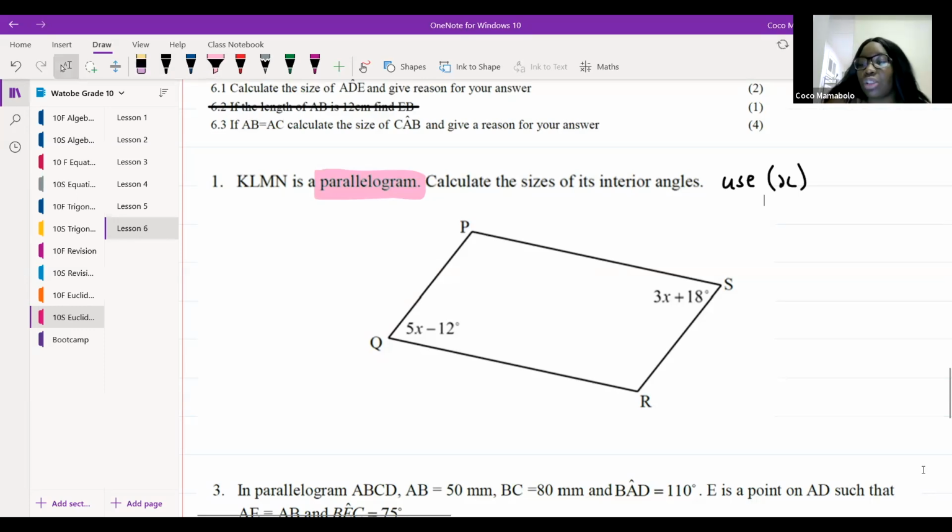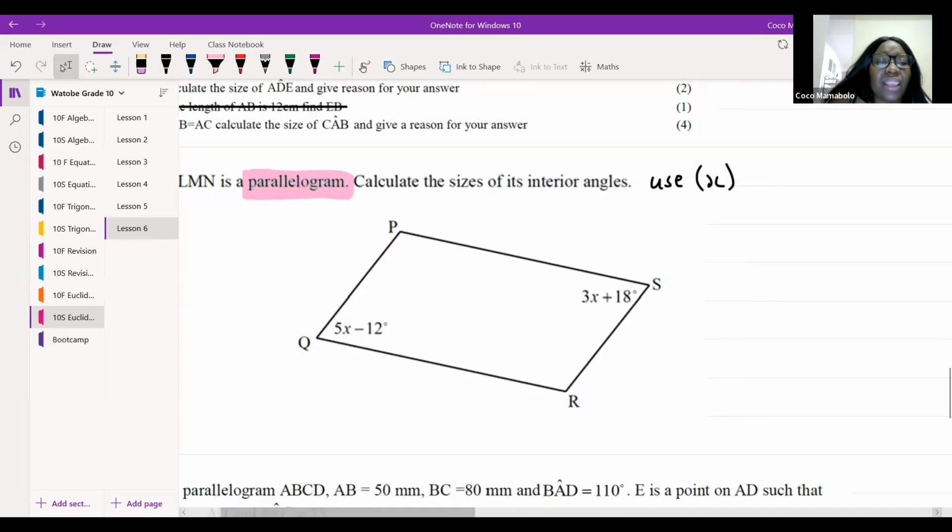I'm going to give you guys 3 minutes to answer for the value of X and therefore the sizes of the interior angles of this parallelogram. You've got 3 minutes. Go.